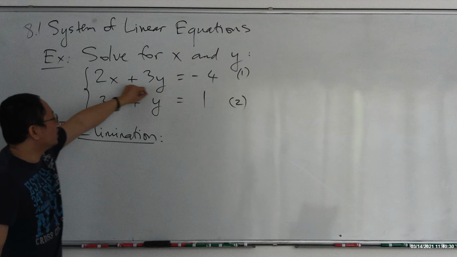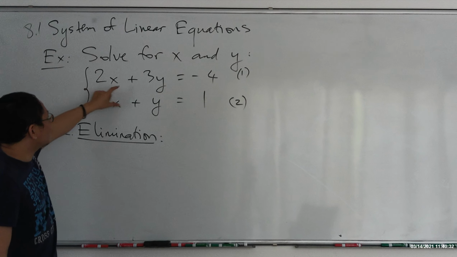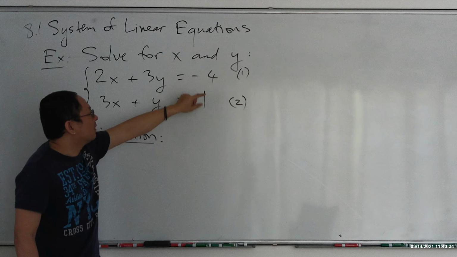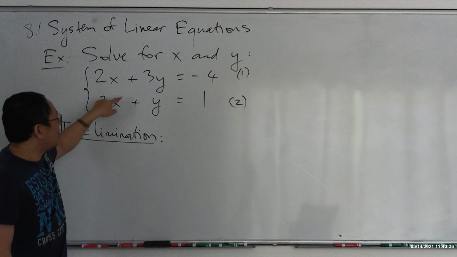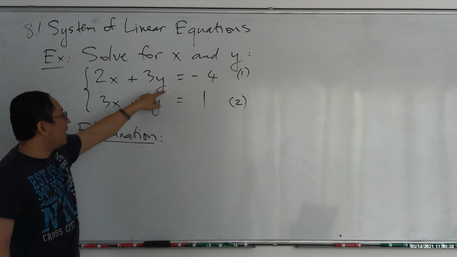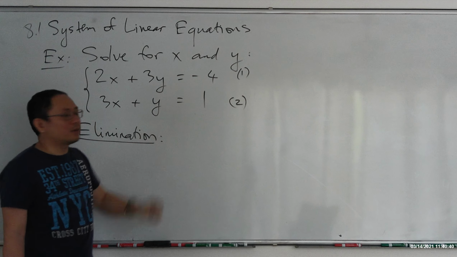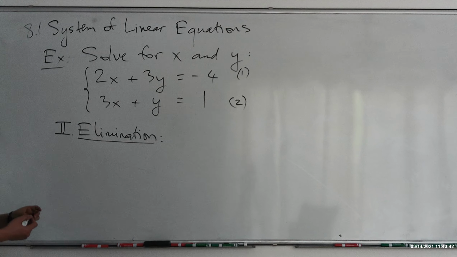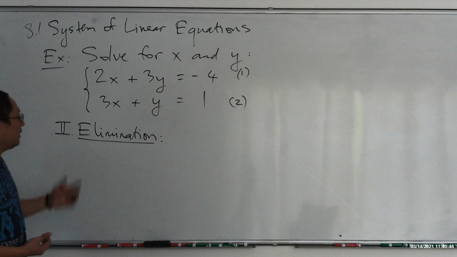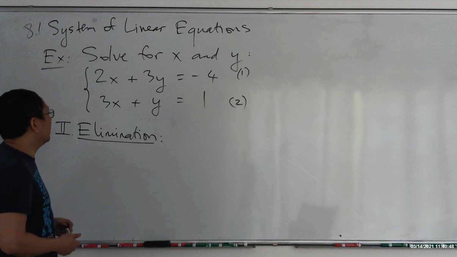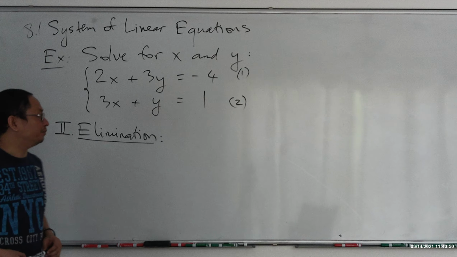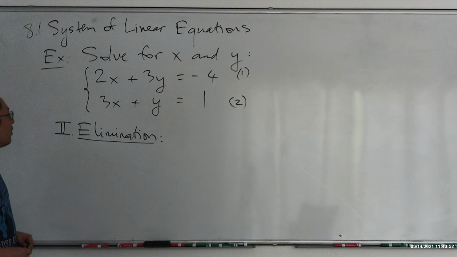If I add the two together, I get 5x plus 4y equal to negative 3. 2x plus 3x is 5x, 3y plus y is 4y, and negative 4 plus 1 is negative 3. And this is another equation, equivalent, because it gives you the same solution. All right? And this won't change.